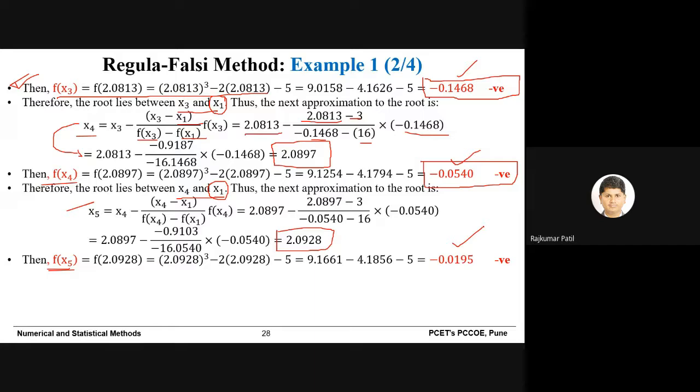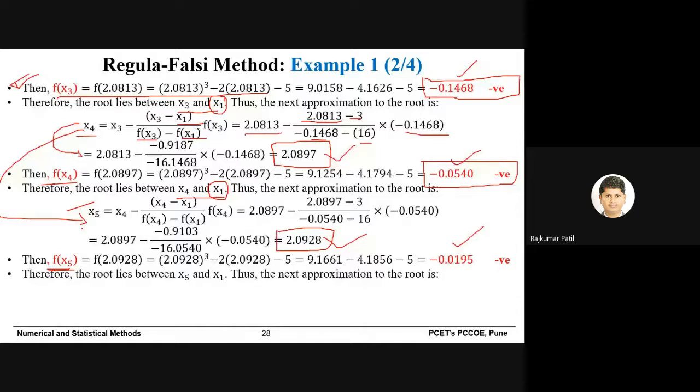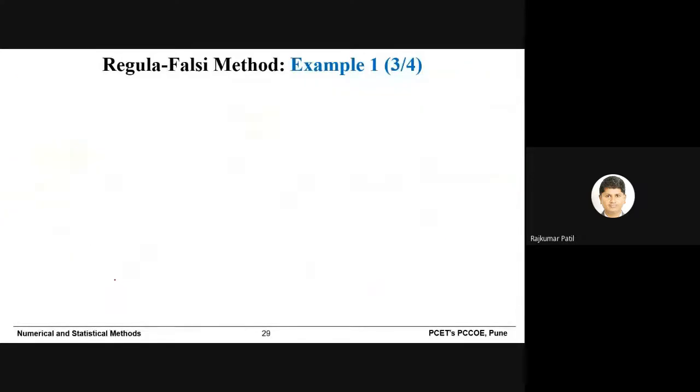It is an indication that we are moving towards the root of the equation. Again, when you check the values of x4, x5, the difference between these two values is becoming low. So ultimately we can say that we are moving towards the root of the equation.